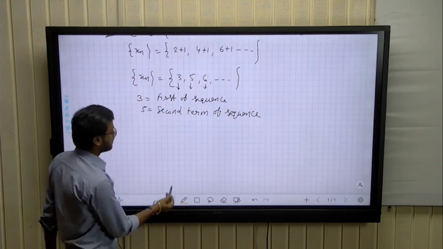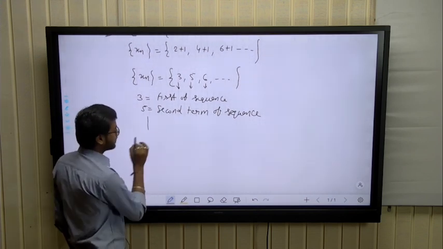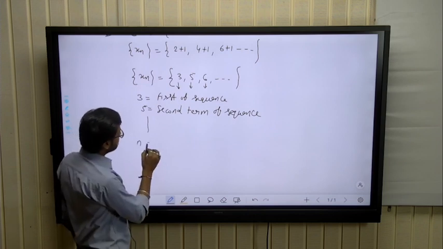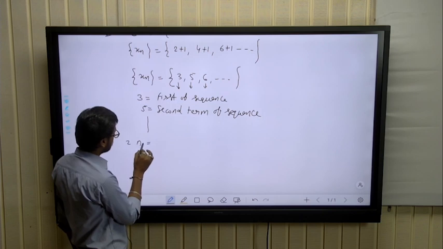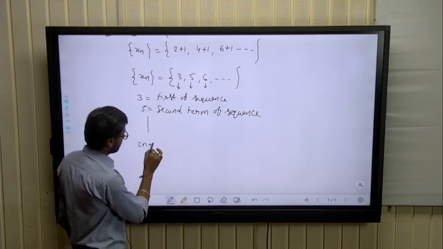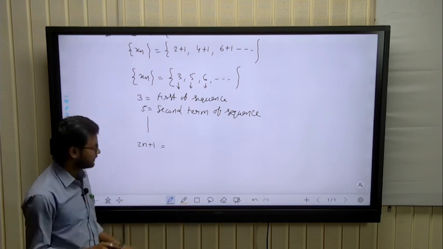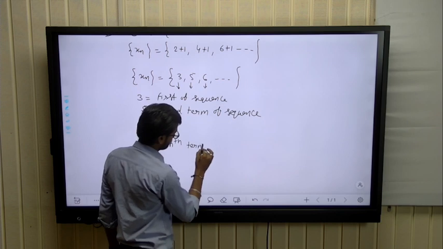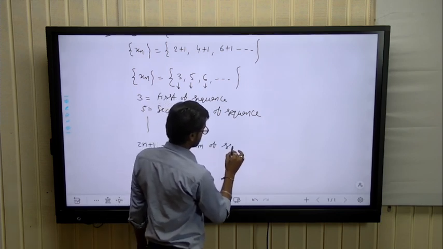If we go further, the nth term is xn equals 2n plus 1. If we take n as general, then this is the nth term of a sequence.